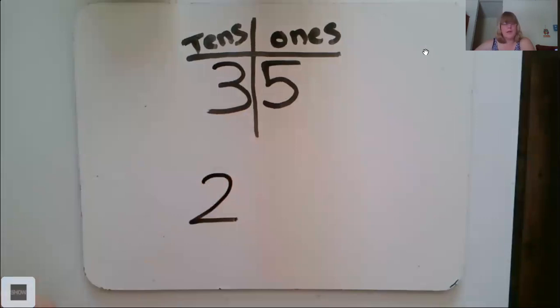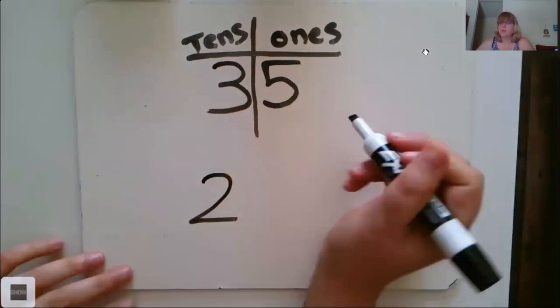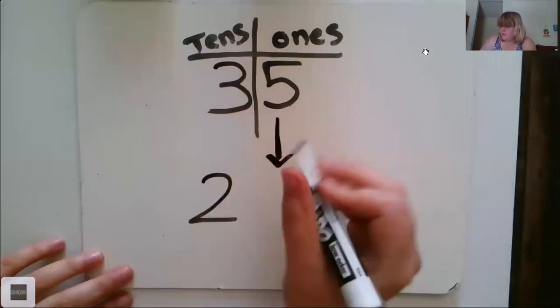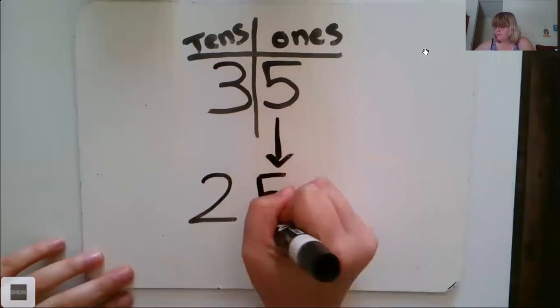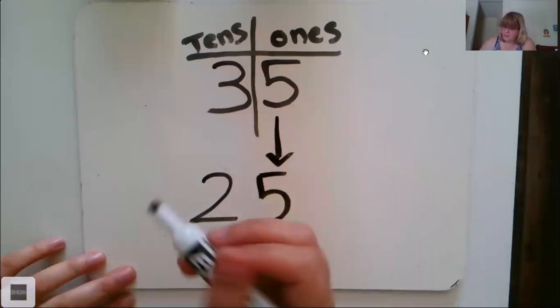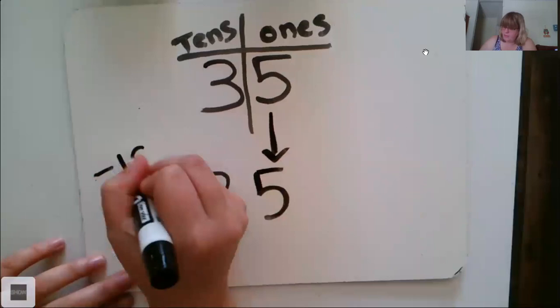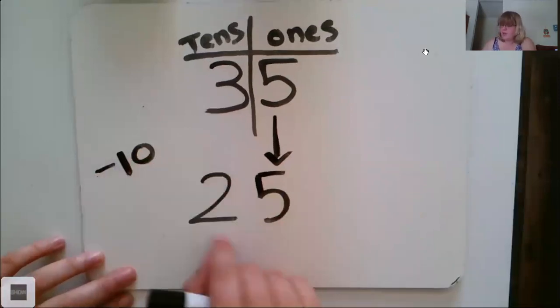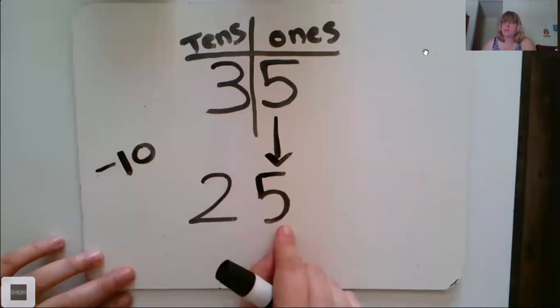And again, I'm not subtracting anything from my ones place, so I'm just going to drop them down. My new number, after I subtracted 10 from 35, is 25. I have 2 tens, and I still have 5 ones.